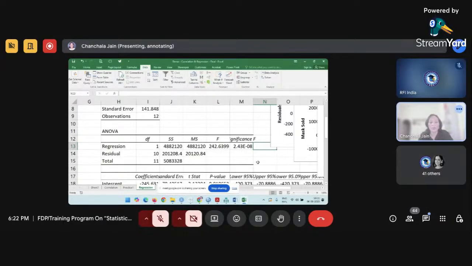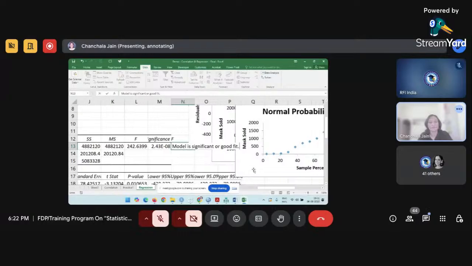You can call your model significant or a good fit. Clear? Clear, everyone?